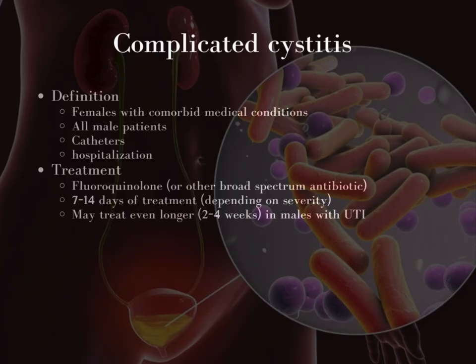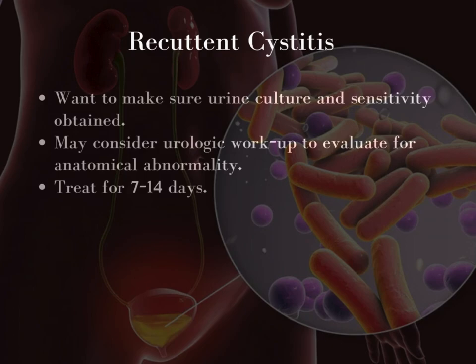Treatment is with fluoroquinolones or other broad spectrum antibiotics for 7 to 14 days depending on severity, and the patient may be treated even longer, 2 to 4 weeks in males with UTI. Then recurrent cystitis: make sure urine culture and sensitivity are obtained, and consider a urological workup to evaluate for anatomical abnormality, and treat for 7 to 14 days.